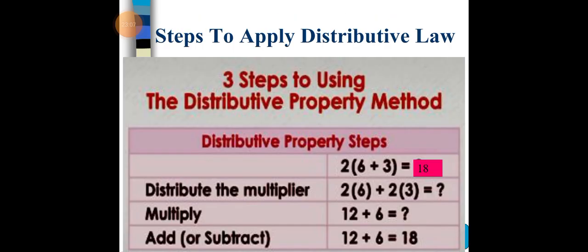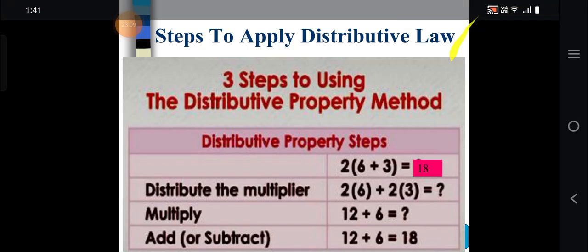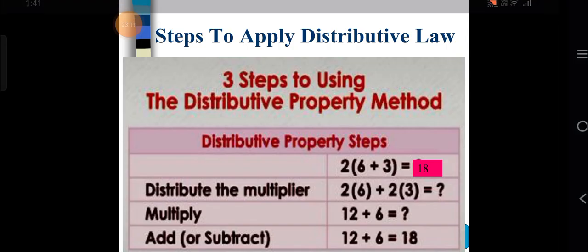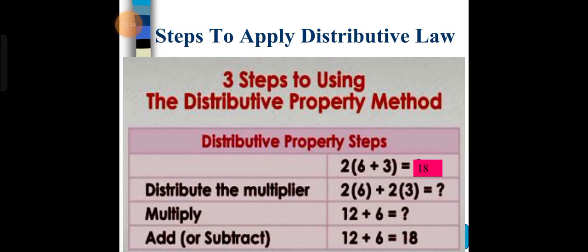Okay, so now the steps to apply the distributive law. There are different ways you can apply the distributive law. There are 3 steps to using the distributive property method. For example, 2 multiplied by 6 plus 3.